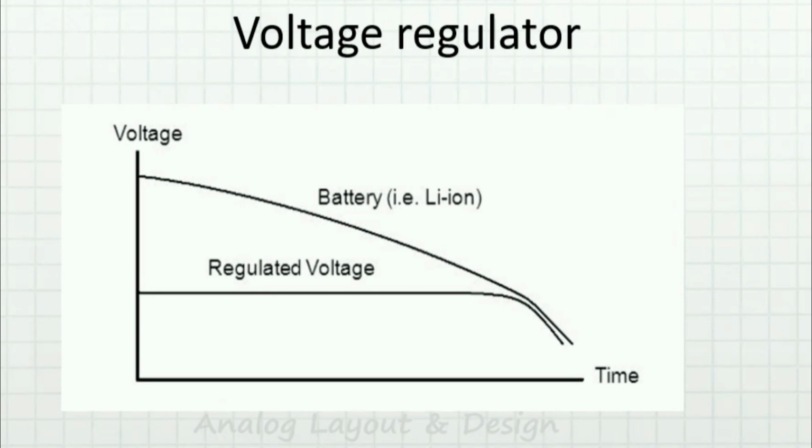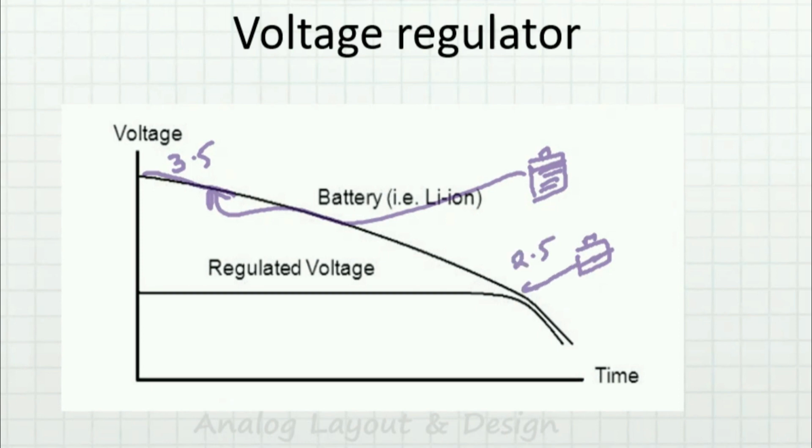Let us try to understand once again what a voltage regulator is. Suppose this one is the battery. When it is fully charged, it is say 3.5 volt, and when the battery has very little charge, maybe it is 2.5 volt.